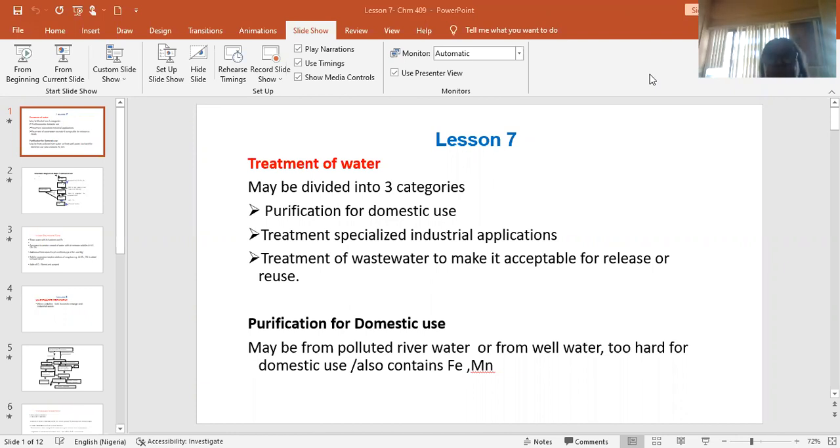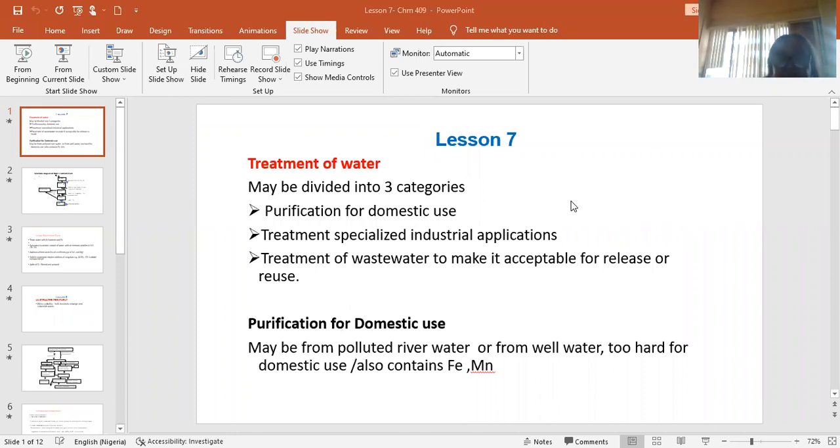So there is what you call processed water. And it's not just any type of water you can use, because you have these boilers that can easily get clogged. So you have to use what we call water that has no ions. That's what we normally would use. So those are specialized industrial applications.